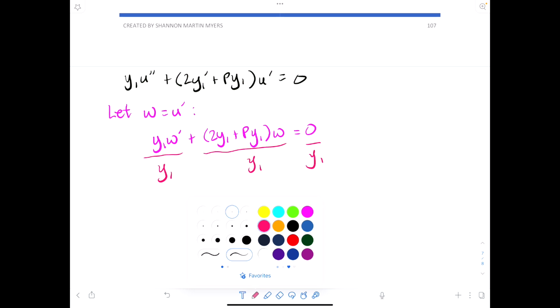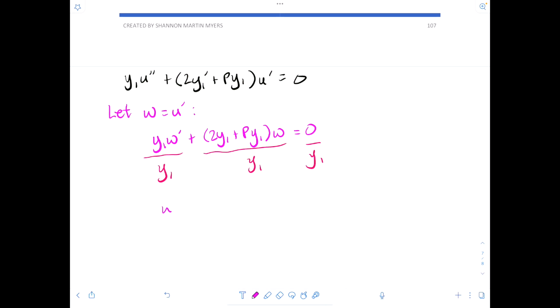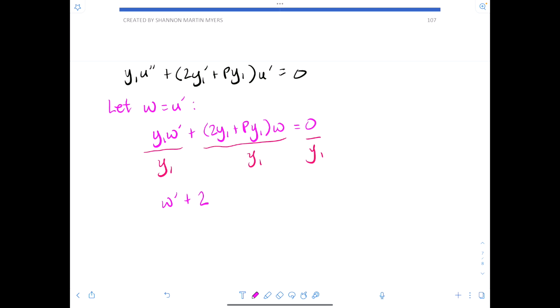And we'll have w prime plus 2, and my apologies, this is prime, 2 y1 prime over y1.